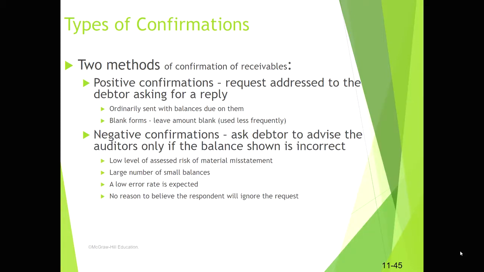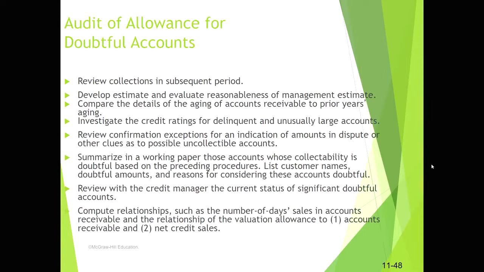The inherent risk times control risk is at a low level. So you typically see positive confirmations more than negative. And we'll probably spend some time on a problem surrounding confirmations and how we deal with the information that we receive back as auditors from the customers.